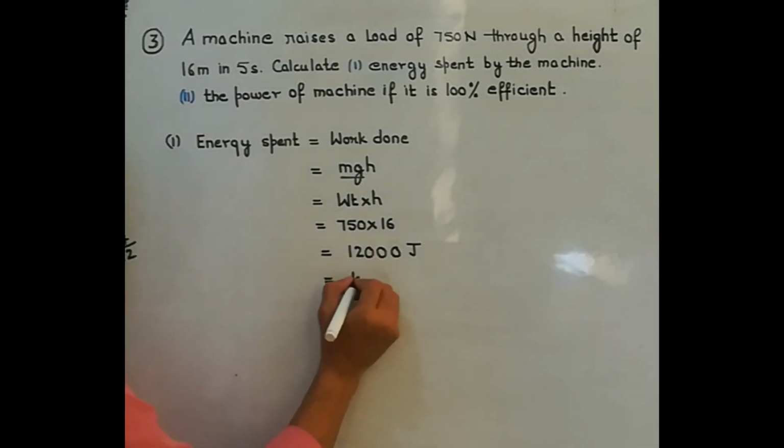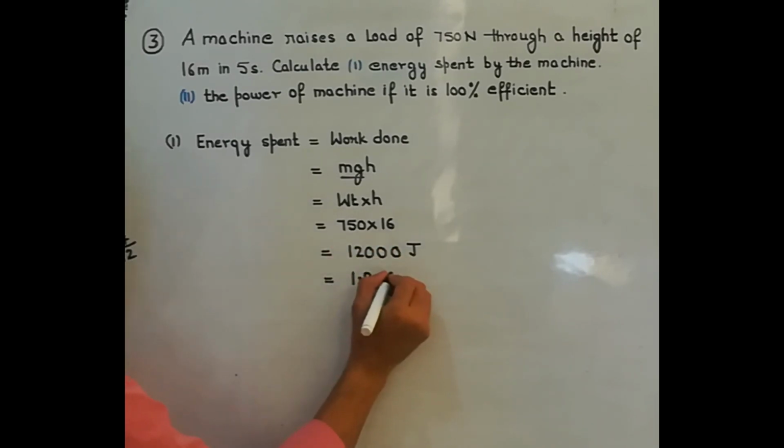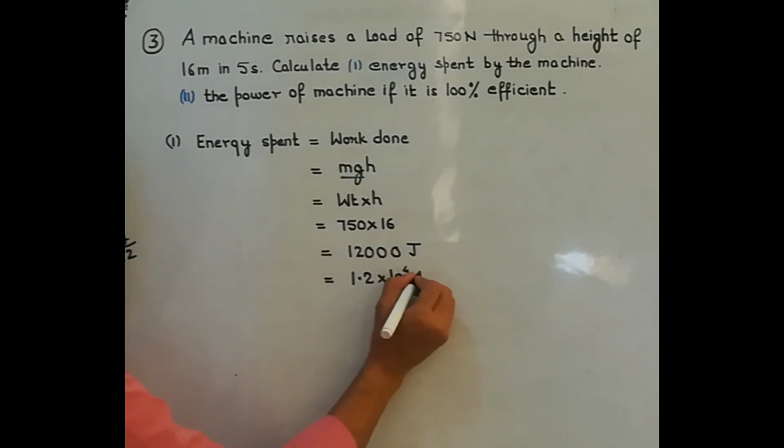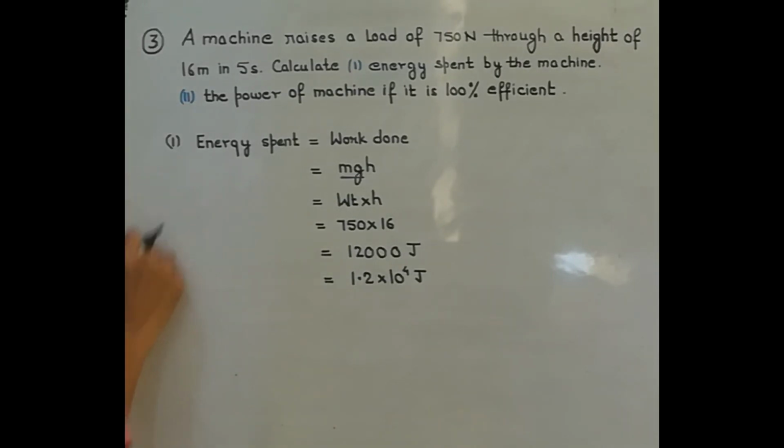You shift the decimal, 1.2 into 10 raised to power 4, as we have shifted 4 places. So this much energy has been spent. So hope this is clear to you. They were asking for the energy spent, and energy spent means work done.